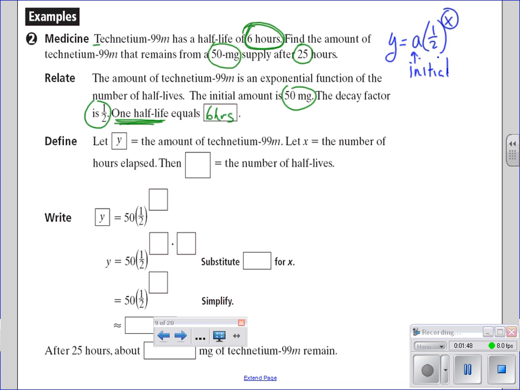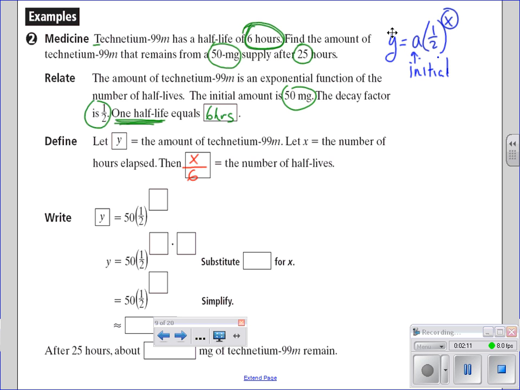So I think we've pretty clearly defined everything except that y equals the amount of technetium and x equals the number of hours elapsed. Now the number of half-lives is going to be x, the hours we watch, over the number of hours it takes for one half-life, which in this case is 6.